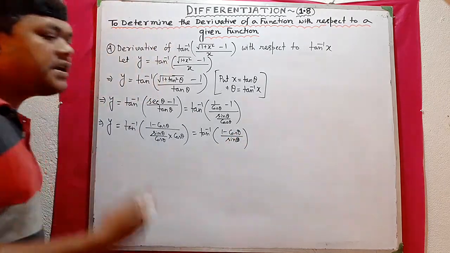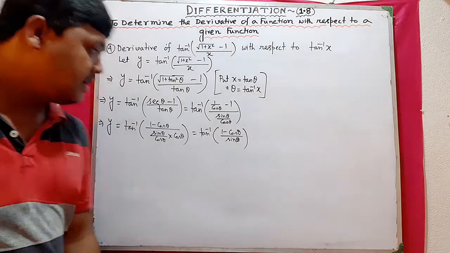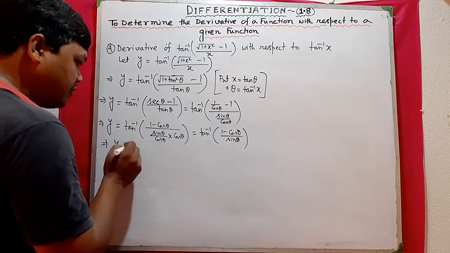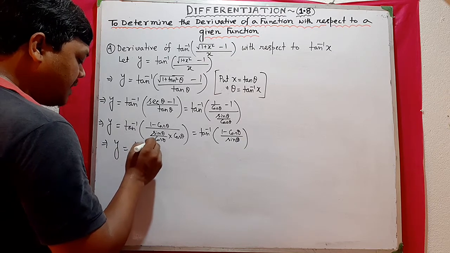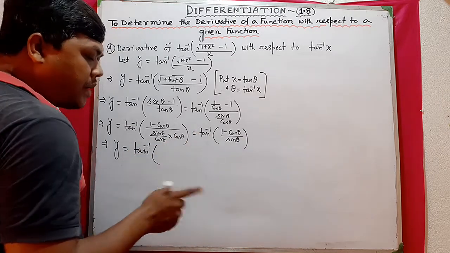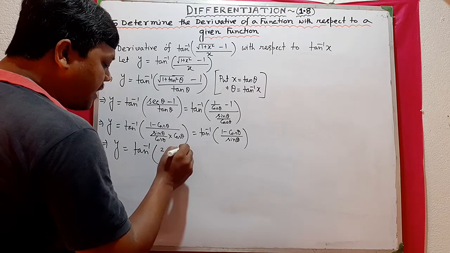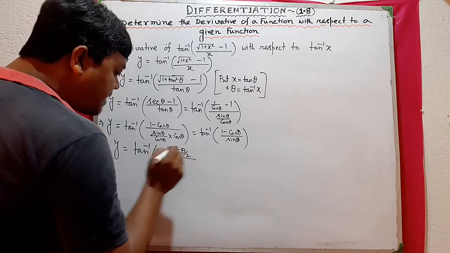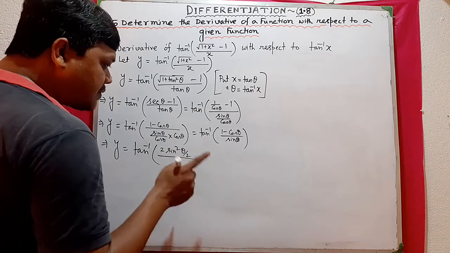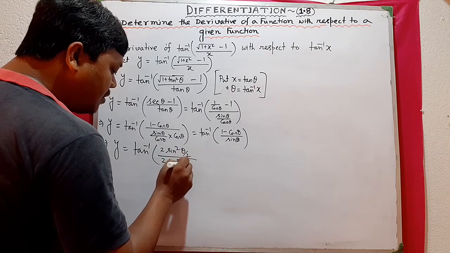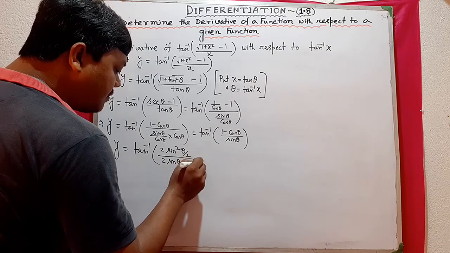This is a trigonometry problem in itself, okay? So up to here it is a trigonometric problem. So y equals, if we simplify a little more by using sub-multiple angles, 1 minus cos theta is 2 sin square theta by 2, and sin theta in terms of sin 2 into theta by 2 is 2 sin theta by 2 into cosine theta by 2.